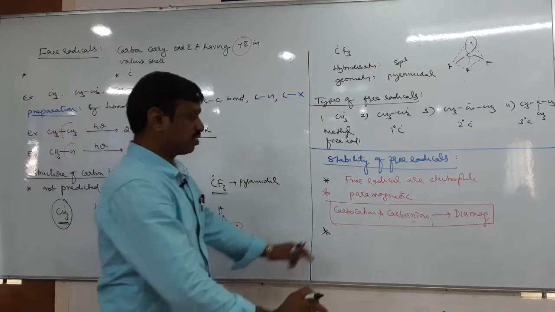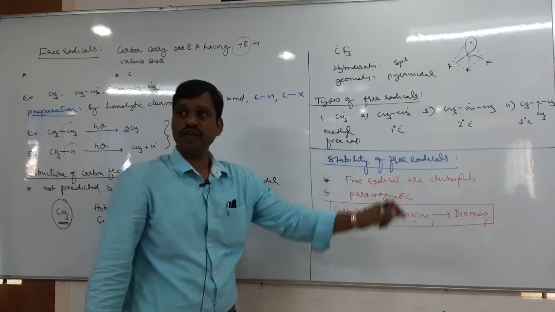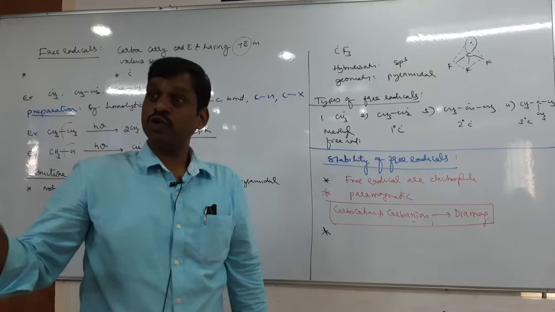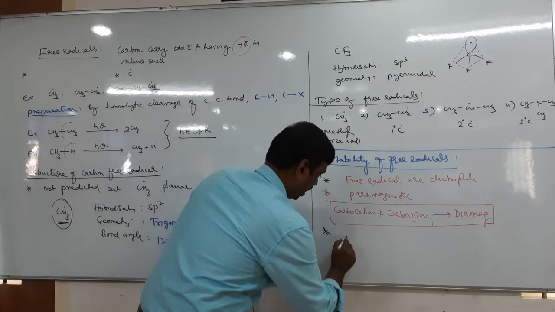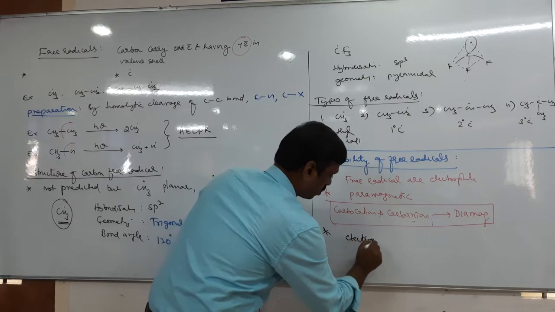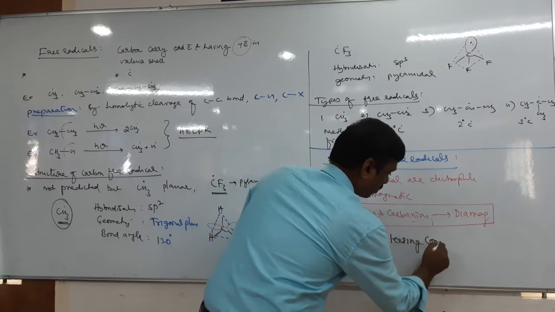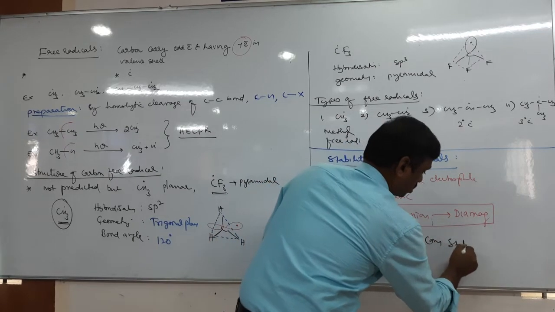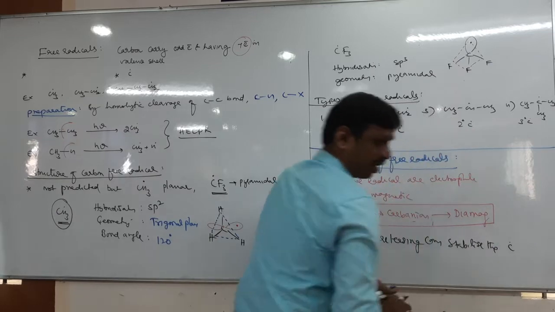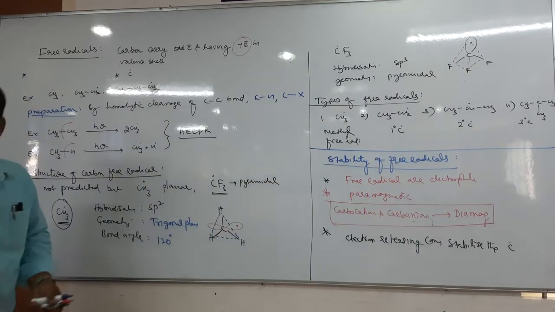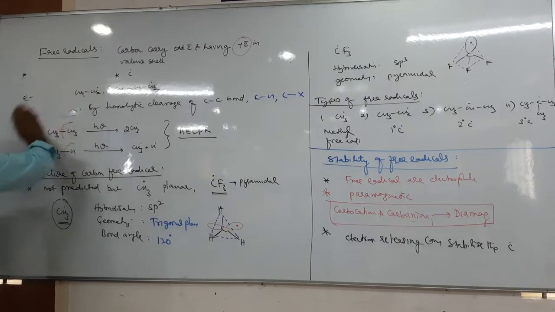Next, since they are electron deficient, which group can stabilize them? Electron releasing groups can stabilize the carbon free radical. Therefore, finally, what is the stability?